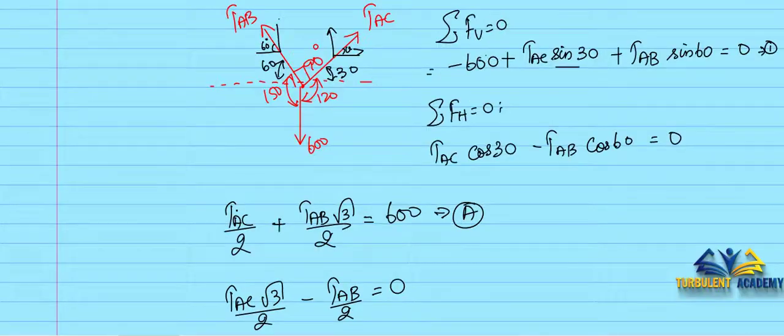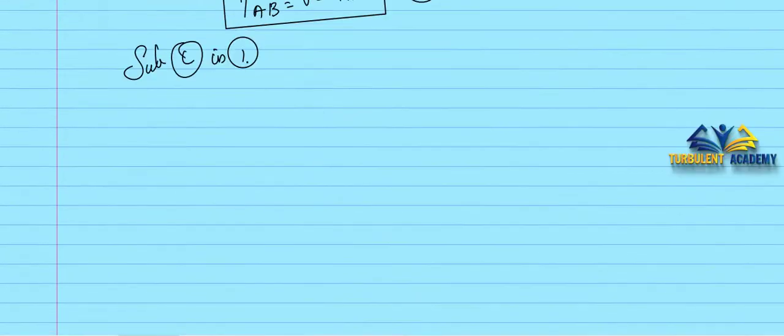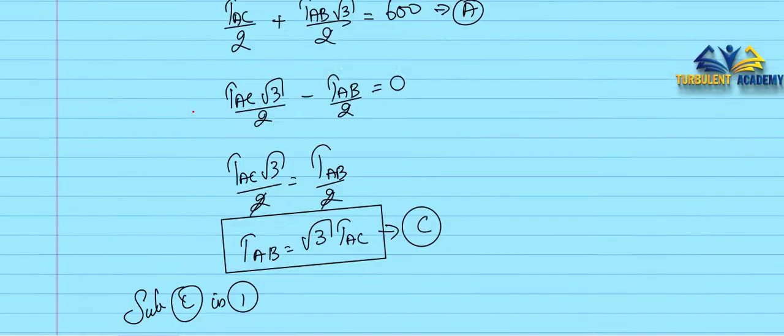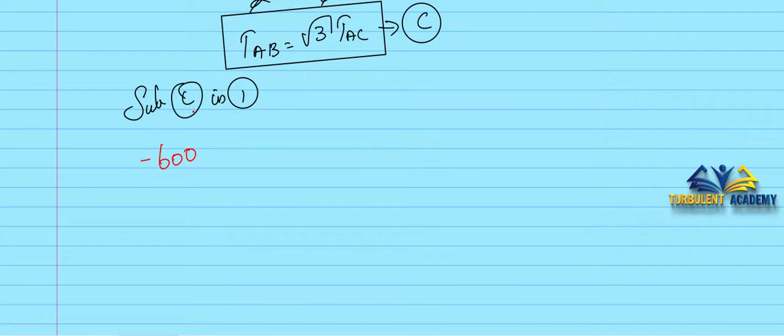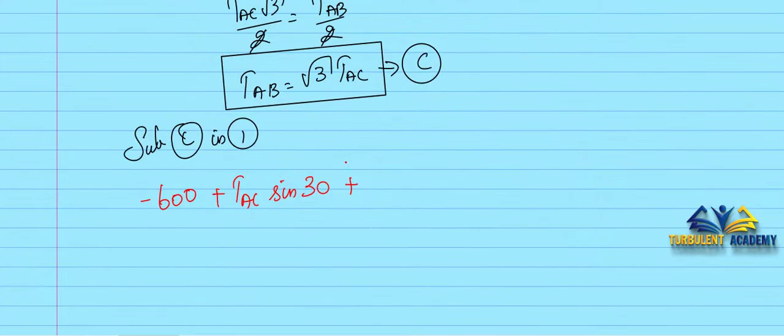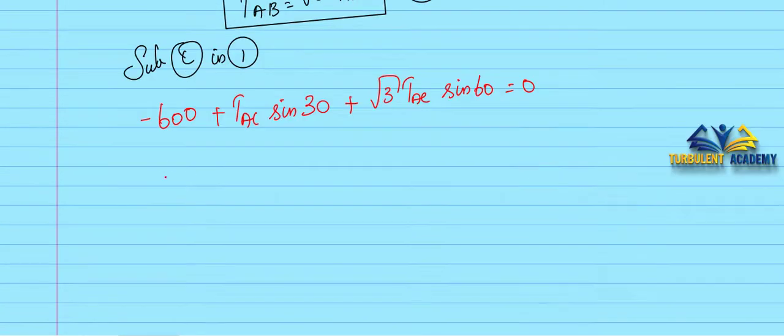So minus 600 plus TAC sin 30 plus TAB sin 60. Instead of TAB, I will write root 3 TAC sin 60, equal to 0.